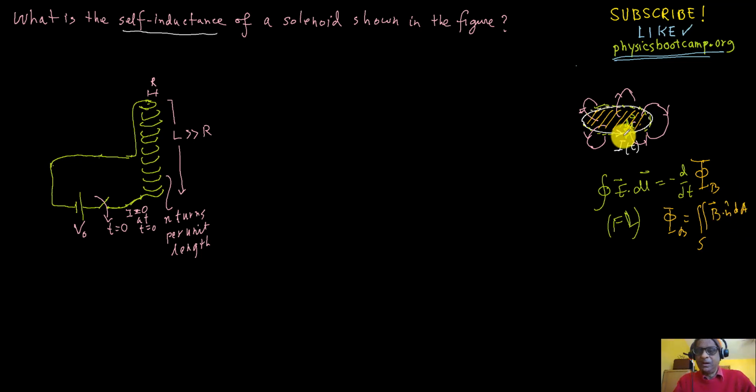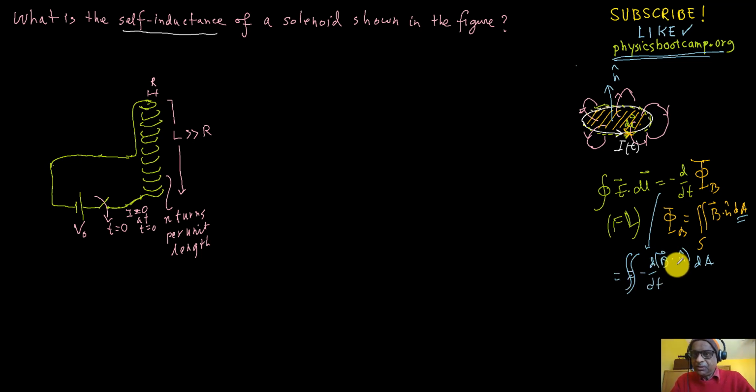Here I'm going around the loop. The dl is in this direction, so using the right hand rule, the n hat is in that direction, and n hat is not changing. So you put it in there, it's minus d/dt, and this element is not changing, so this is just dB n hat dA.